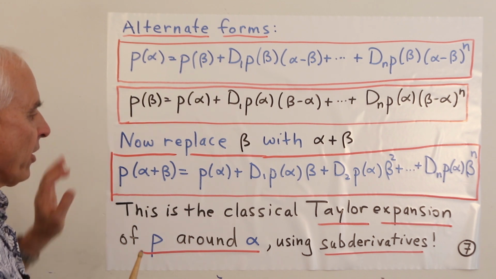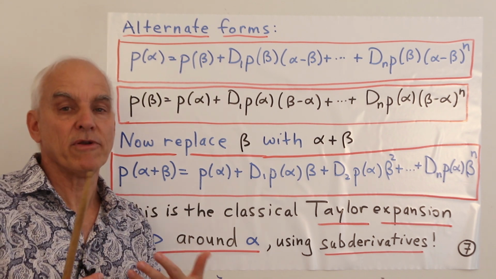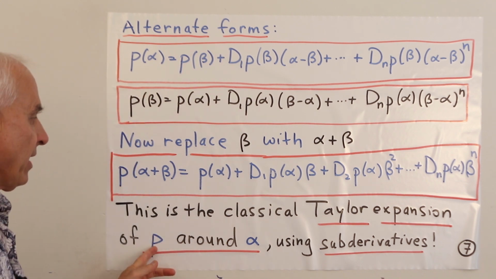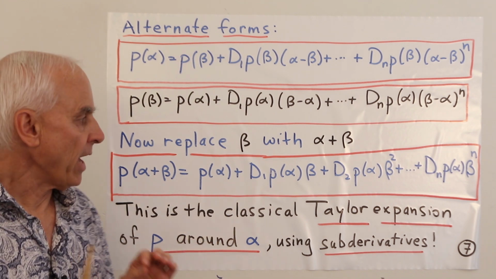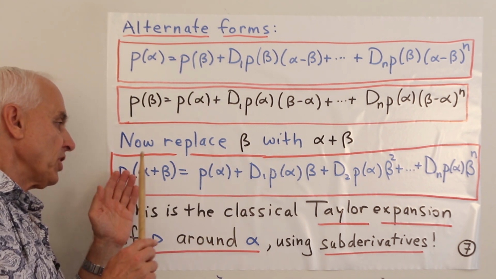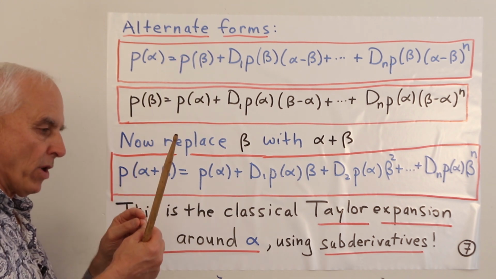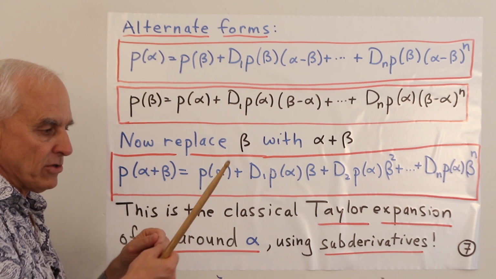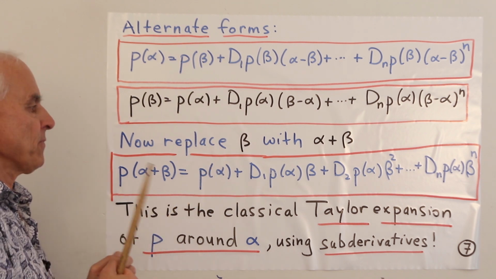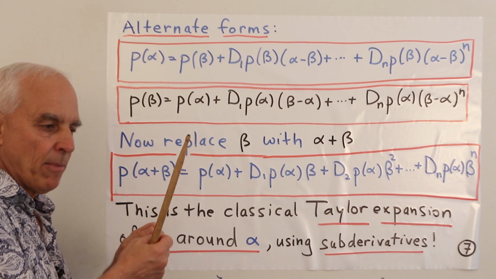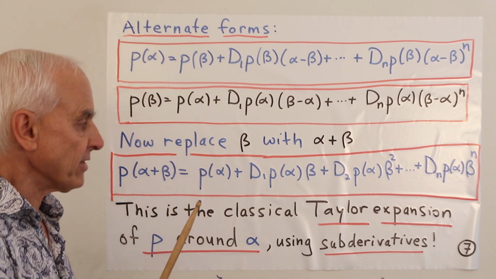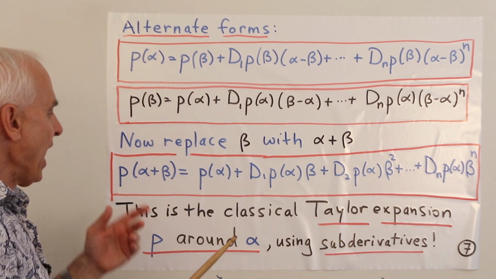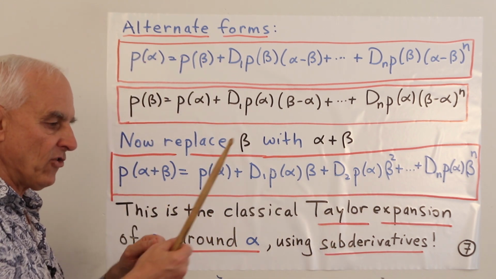It's in this form here that perhaps it's the most common form of what's called the Taylor expansion of the polynumber P around alpha. And the idea is that, traditionally we think, okay, alpha is some point, and we're interested in the function or the polynumber's values close to alpha. So we augment alpha by some typical small amount beta, and then this is some kind of expression that explains how the value of this thing depends as you vary beta.